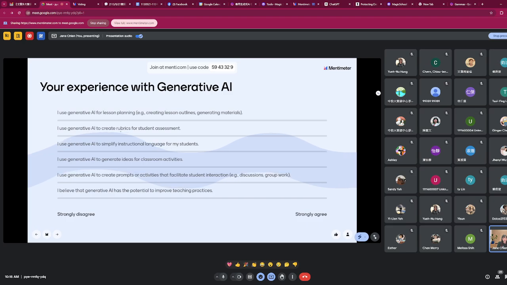I have tried different rubric platforms. I like MagicSchool. Padlet also provides a rubric generator, but I don't like the format that Padlet generates.